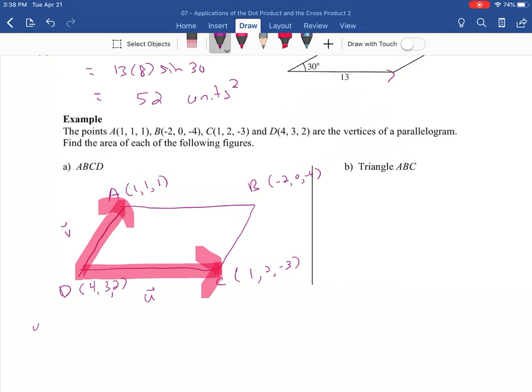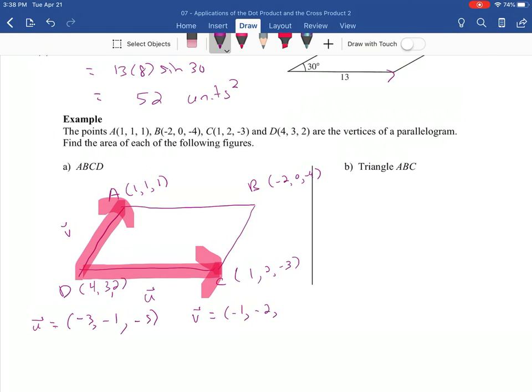And then the v is going to be this one here. So I'm going to call this u, call this v. And my u vector here is 1 minus 4, which is negative 3. 2 minus 3 is negative 1. And negative 3 minus 2 is negative 5.